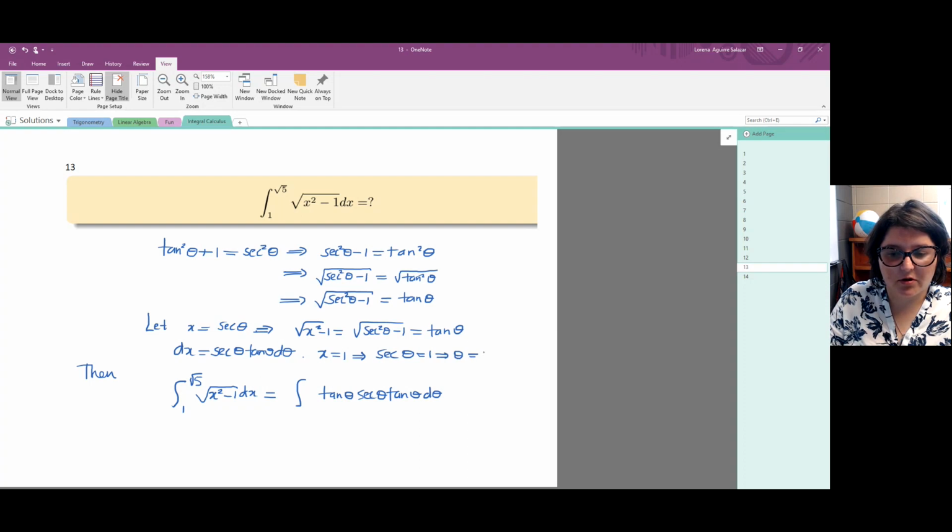So theta is equal to 0, or a multiple of 2 pi in general. But because we are going to focus on a certain interval, we just take theta equals 0. While when x equals root of 5, secant of theta is root of 5. So the cosine, which is the multiplicative inverse of secant of theta, is 1 over root of 5. Then theta is the inverse cosine of 1 over root of 5.